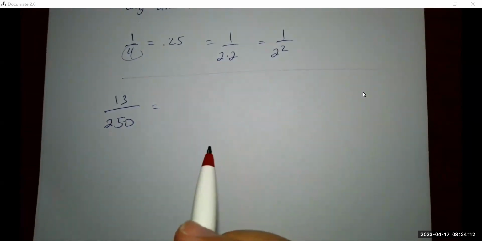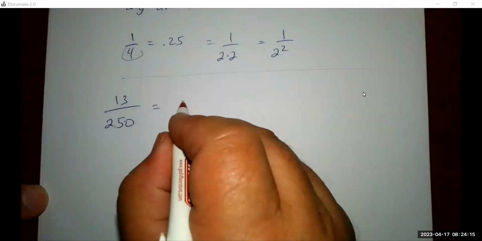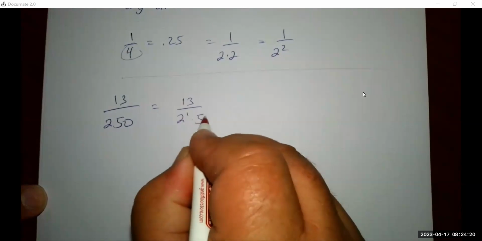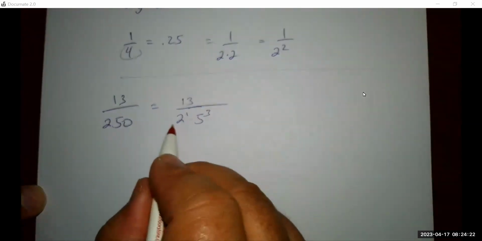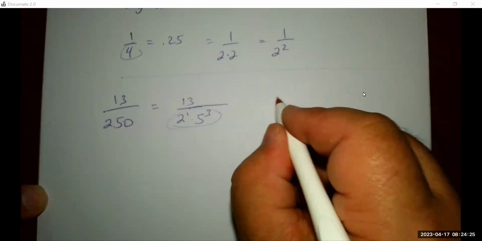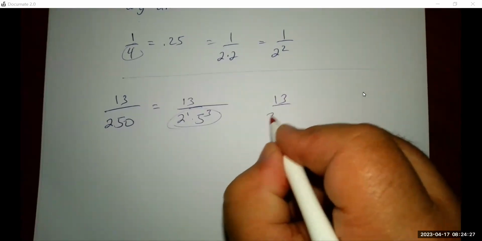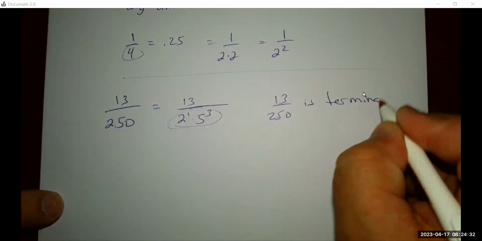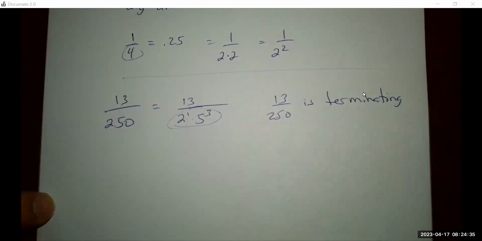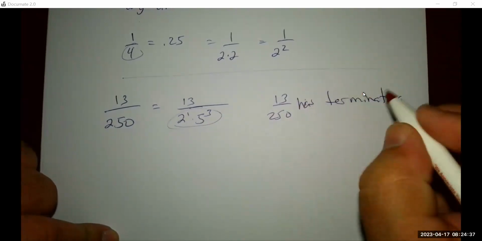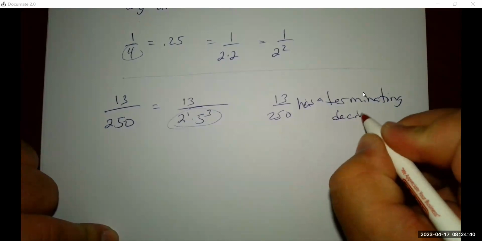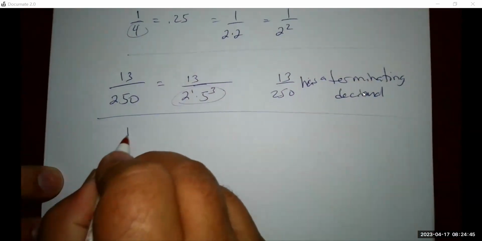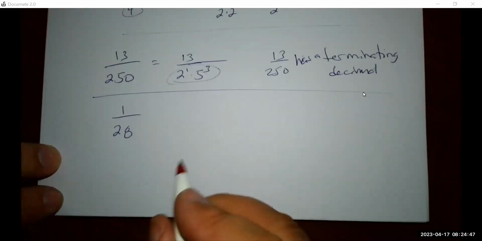Okay, well, remember we did 250 earlier. It's made up of 2 to the first, 5 to the third. Since it only has 2s and 5s on the bottom, 13 over 250 is terminating, or has a terminating decimal. 1 over 28.